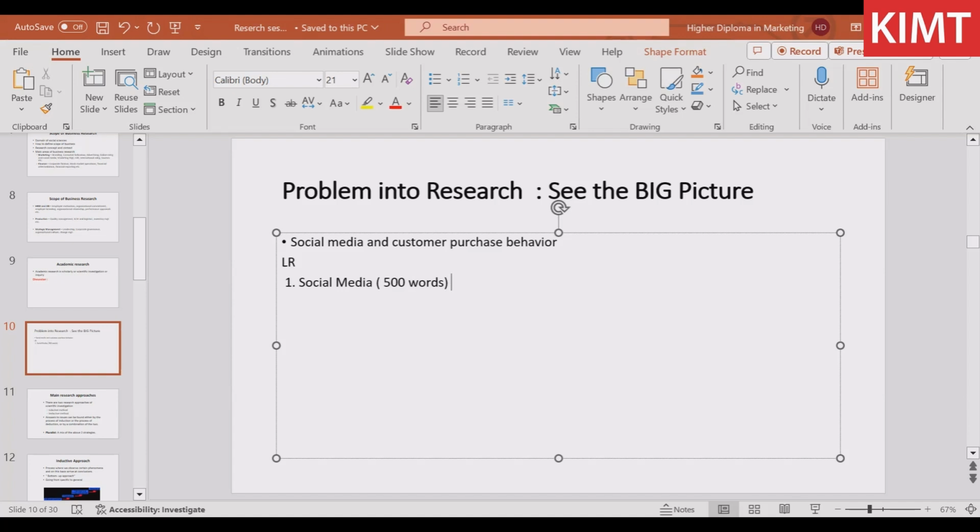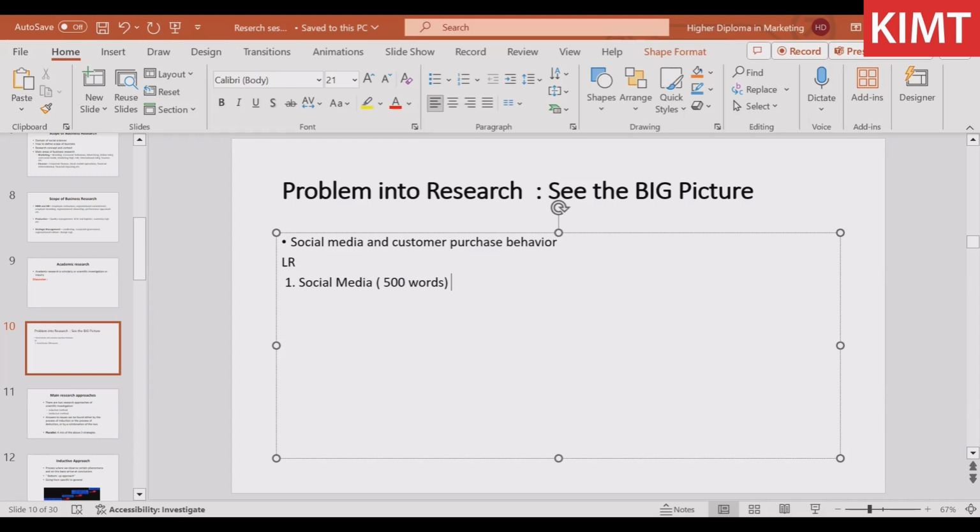But actually, you want to investigate Facebook, not the others. Yet rather than writing only about Facebook, you write about social media, because social media is the big picture. Understand? So that's the tricky thing you should do when you write the research proposal literature review.